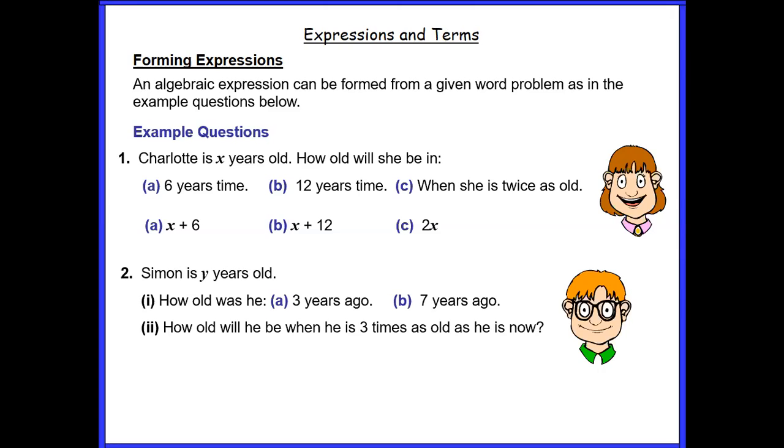Algebraically, we can say whatever Simon's age is, Y years old, subtract 3. 7 years ago, Y subtract 7. And 3 times as old as he is now, same as Charlotte, 3Y.